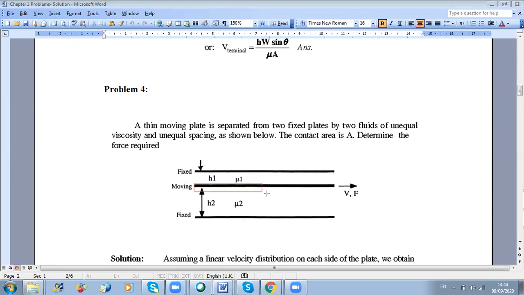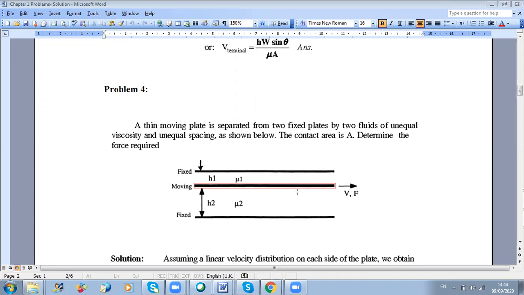I want to put a force F in order to move my plate. In order to move it, I should oppose the resistance of the fluids, because I have two fluids that will try to oppose my motion.